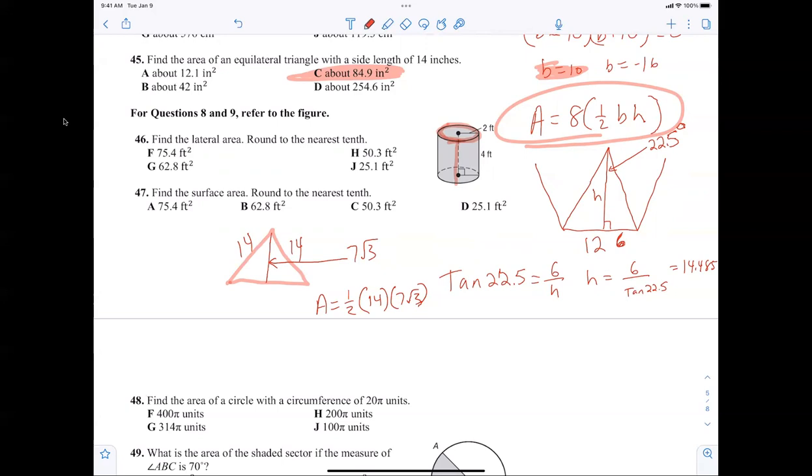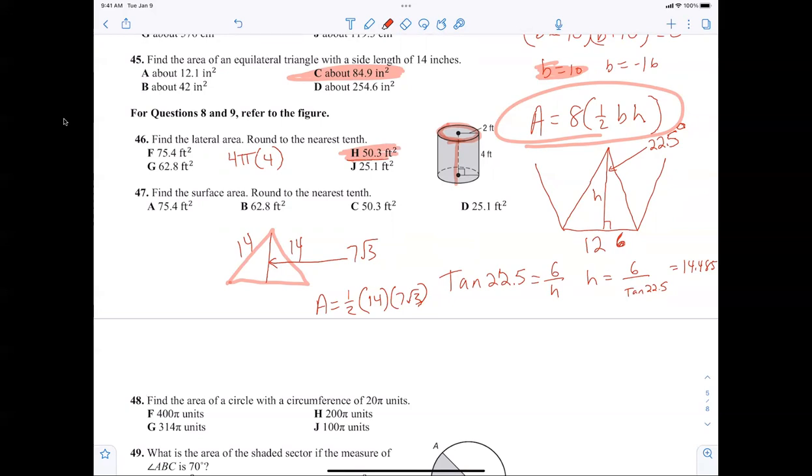Anybody have any issues with that? So the circumference is going to be what? 4 pi. What's the height? 4. So to me, that looks like 50.3. Was that accurate? 50.3 is good.